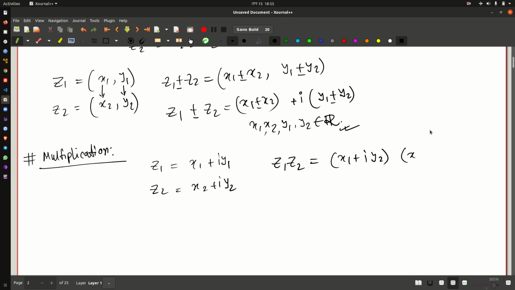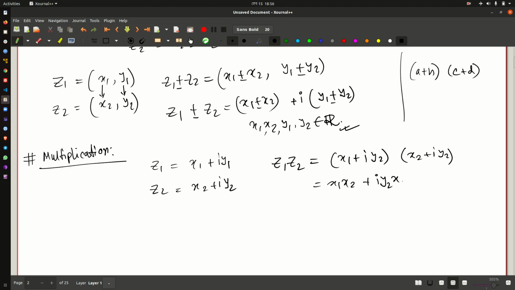x1 plus iy1 times x2 plus iy2, and you will see that this is just multiplying things like a plus b with c plus d, your usual algebra. So if you multiply, this will be x1 x2 plus iy2 x1 plus iy1 x2 plus i squared y1 y2.